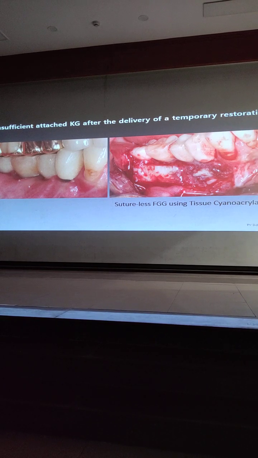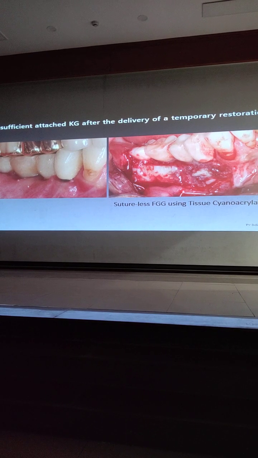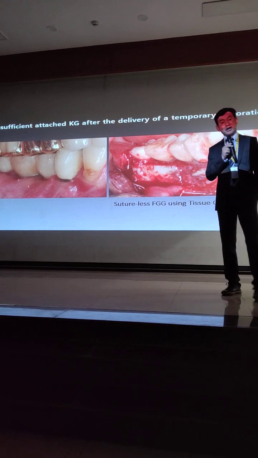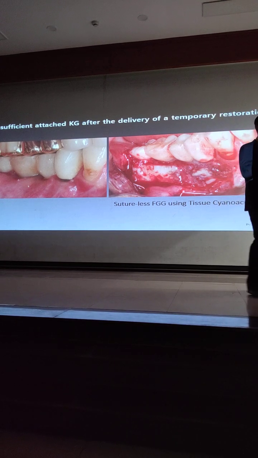I did a screw-less acquisition. You know, the conventional pedicle gingival graft using a screw technique is very difficult, time consuming. But if you use this technique, you can save 30% time, a lot. Very simple.